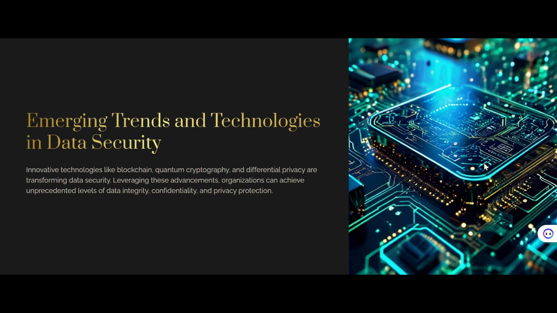And differential privacy is transforming data security. They have their own privacy concerns and their own data security concerns, like blockchain or quantum cryptography. So by leveraging these advancements, organizations can achieve unprecedented levels of data integrity, confidentiality, and privacy protection.